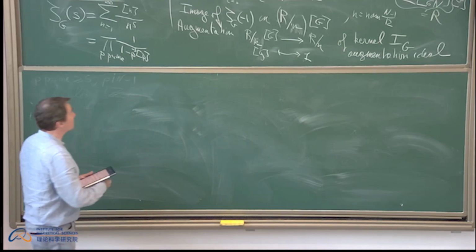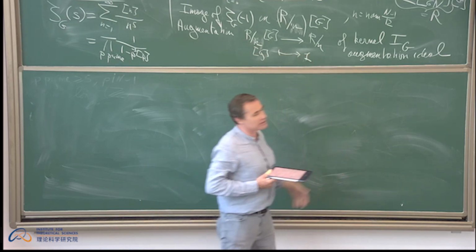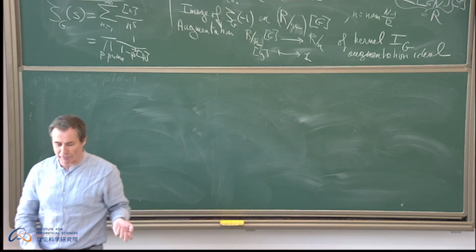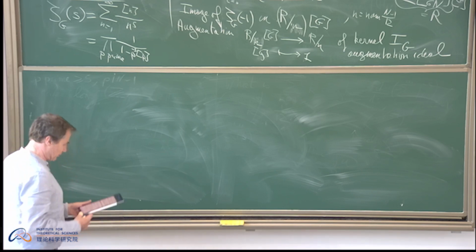So now you have an element which vanishes modulo the augmentation ideal, and the natural thing when you have something which vanishes modulo an ideal is to look at its class modulo the square of that ideal. This is what we are going to do now.